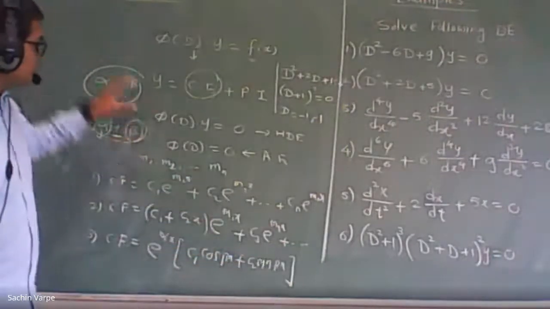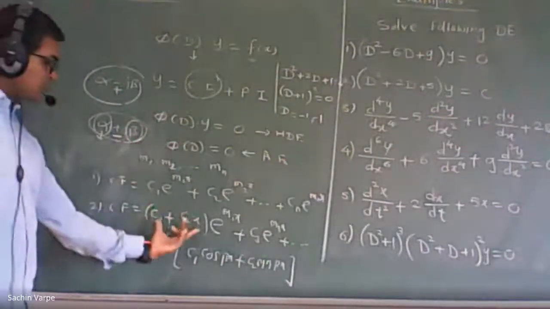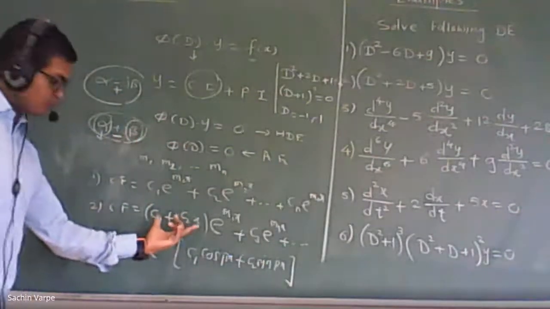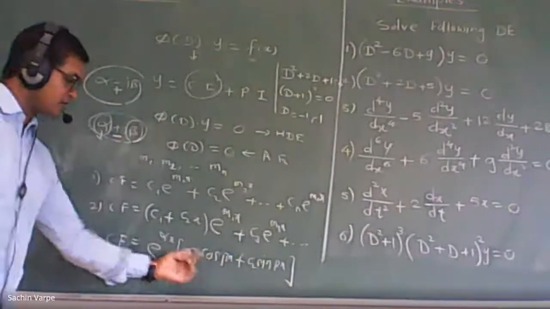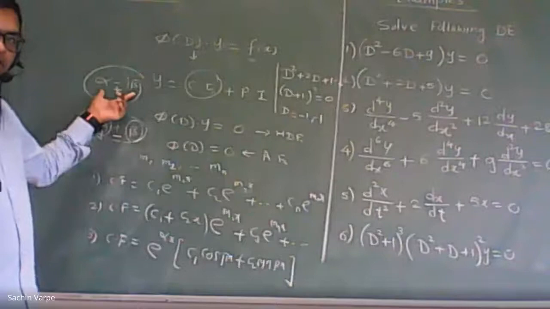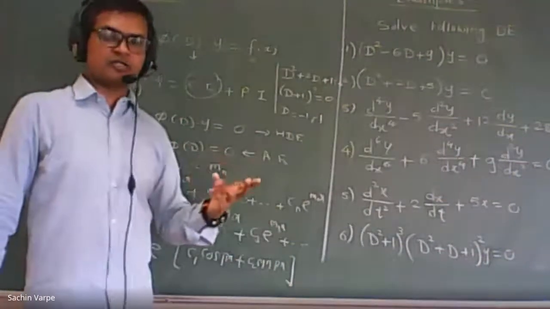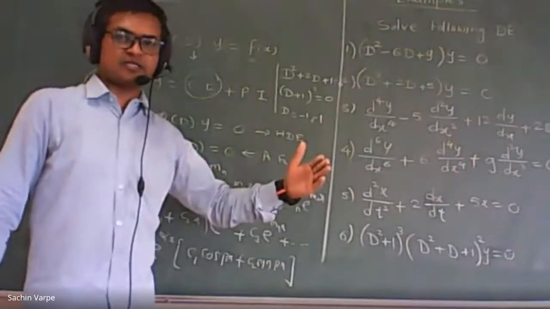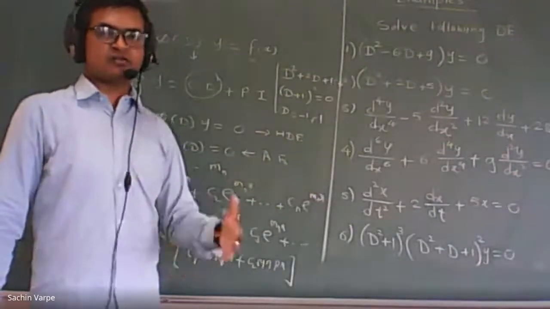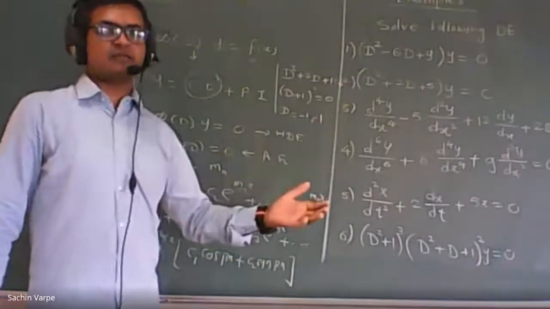And if complex roots are repeated, then we have to consider a similar polynomial in the bracket, that is c1 plus c2x. If these roots are repeated twice, then in total we have 4 constants, because if alpha plus i beta is repeated twice, its conjugates are also there. That is alpha plus i beta and alpha minus i beta, alpha plus i beta and alpha minus i beta.